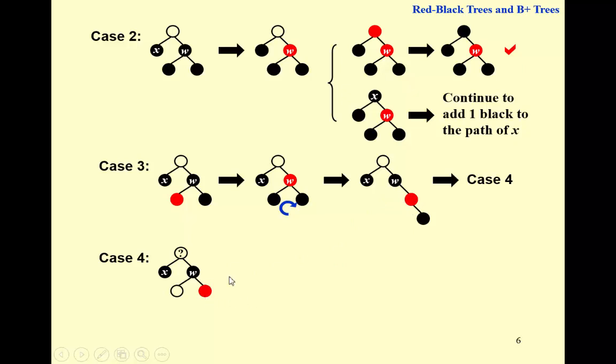And the solution to this case is, again, swap colors and rotate. Swap colors means to color both two nodes to be black nodes, and color this one to be whatever that color is. If this is red, this is going to be red. If this is black, it's still black. Okay, and then make a rotation.